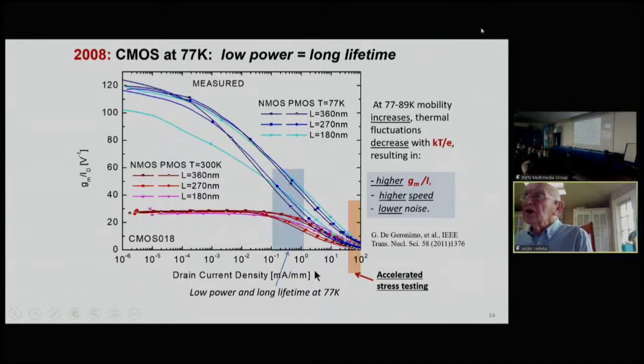Much higher current densities or voltages were used for accelerated stress testing. An advantage for operation at low temperature was higher gm, higher speed, and lower noise.